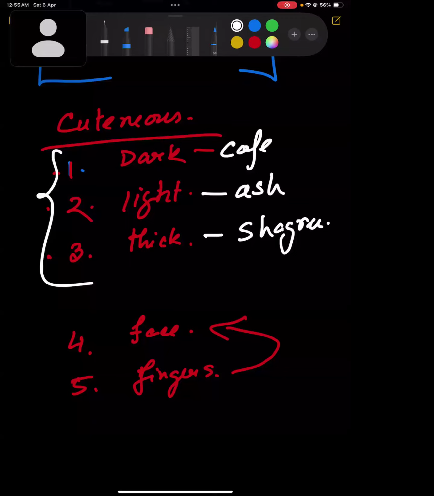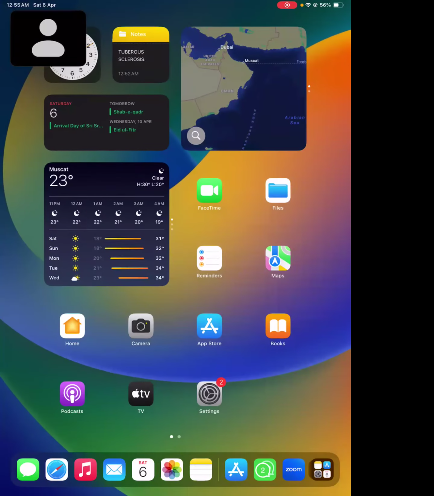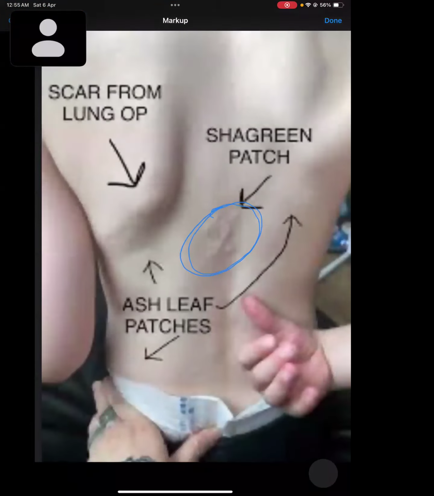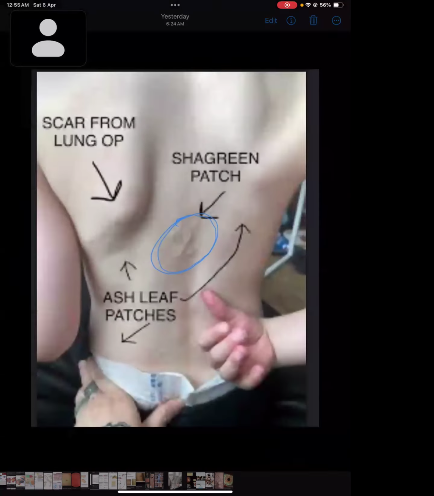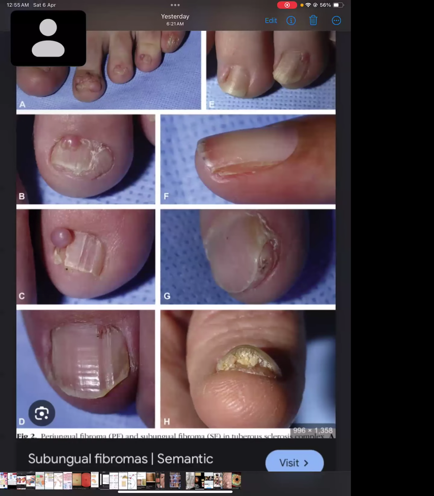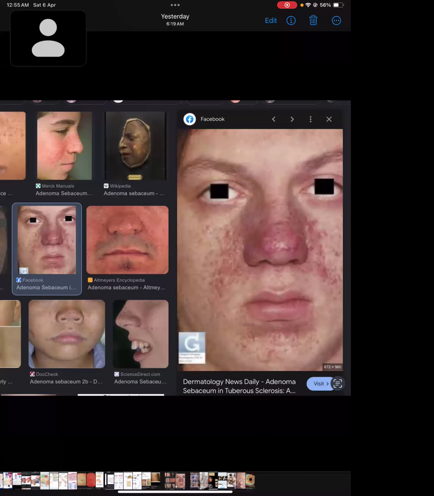Now, I told you, face and fingers, some small tumors will be there. So let's see the tumor so that you can remember. In the face, just a minute, there is a butterfly-like distribution, okay? But this is not acne. This is not a rash.